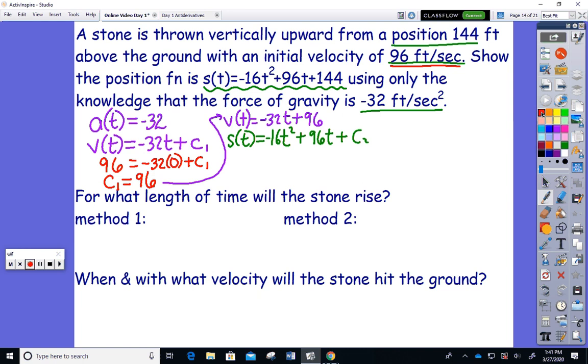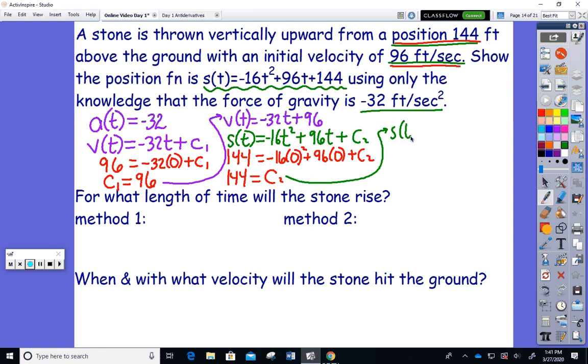Again, come back to the fact that you know that initially the position is 144 feet. So when time is 0, I have an initial position of 144. Again, the whole point of that is to show you that C2 is 144. So where am I now that I've done all this work?